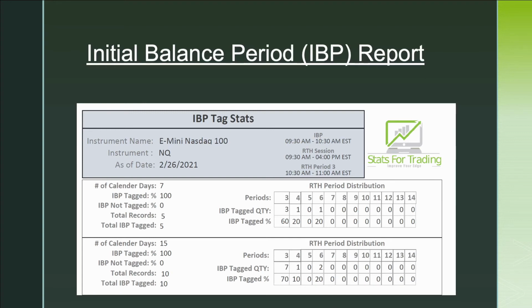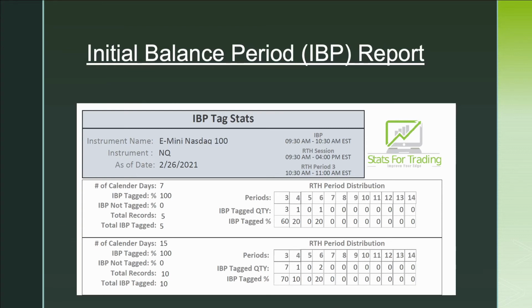So IBP now, it's not that surprising that many markets hit IBP because they've already hit IBP, you might say, in the first hour, right? Because that's the definition. It's the high and the low of the first hour of trading. So period 2 may end right near the initial balance period. So it would be a high probability that it would tag.